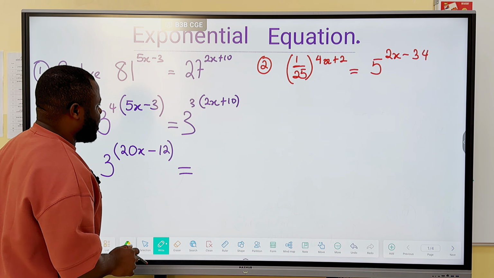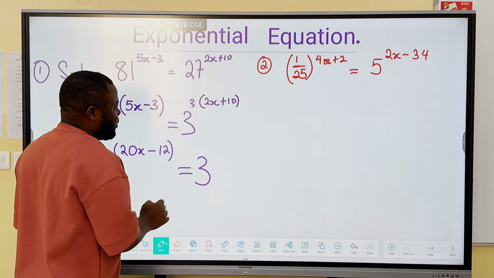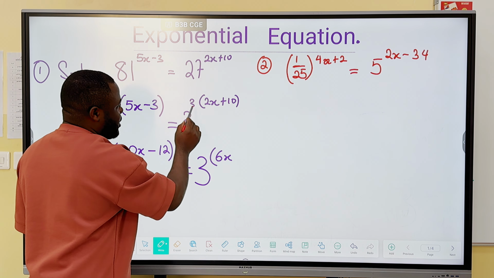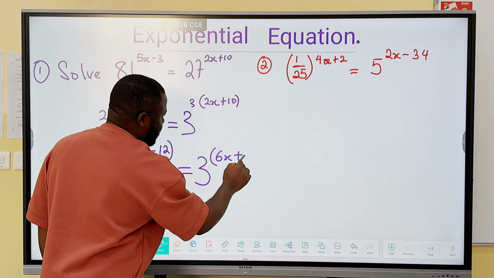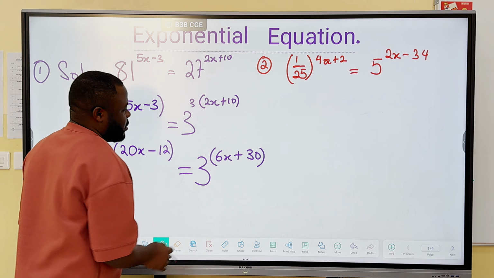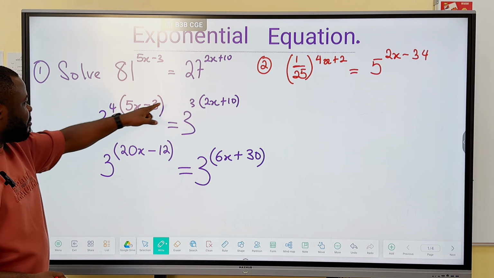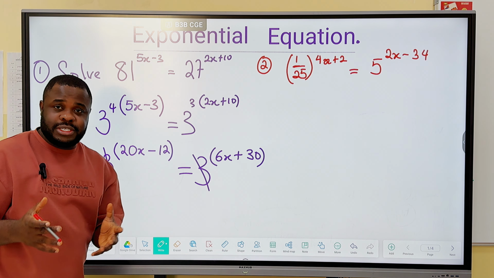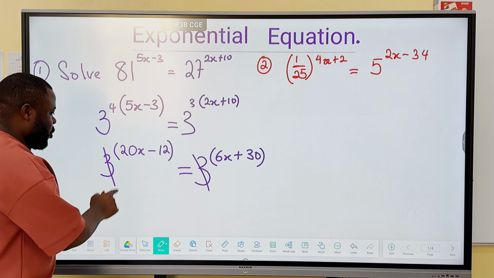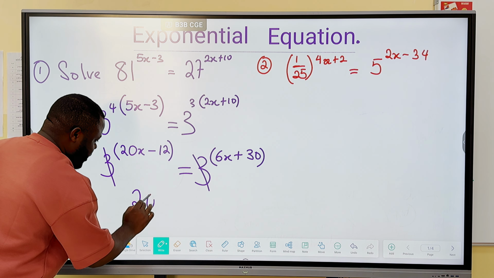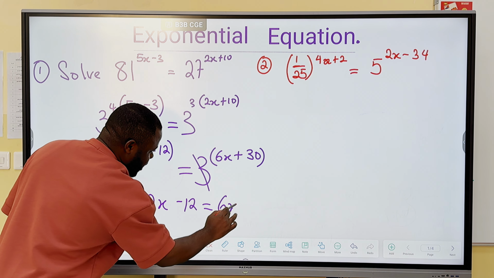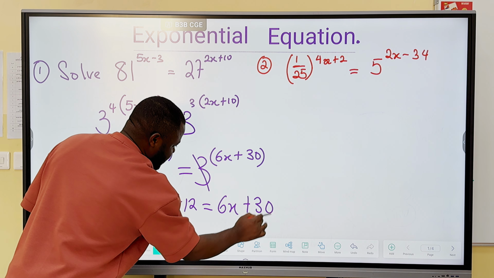On the right hand side, we also have base 3. 3 multiplied by 2 gives 6x, and 3 multiplied by 10 gives plus 30. So we've simplified the exponent. Then you can cancel out the base because they are equal. Here we can now say 20x minus 12 equals 6x plus 30.